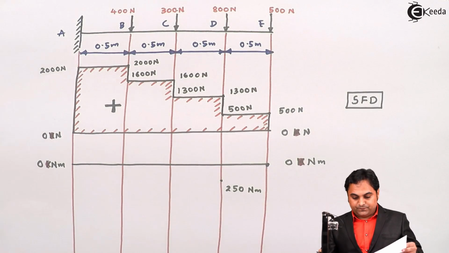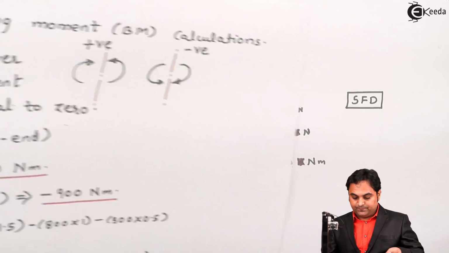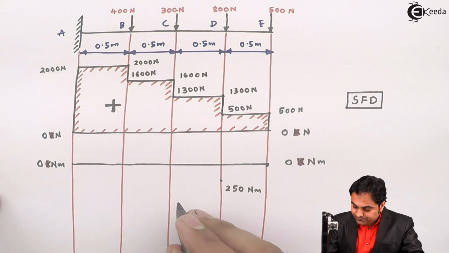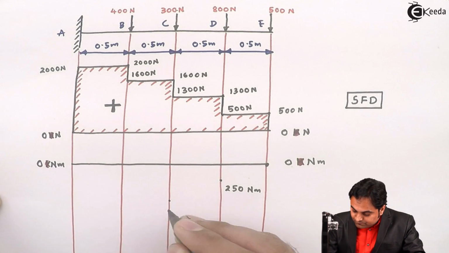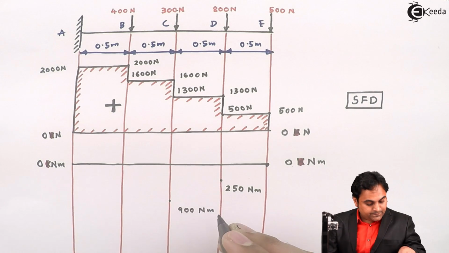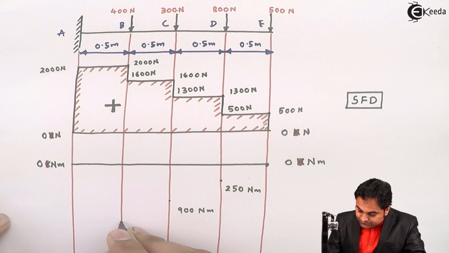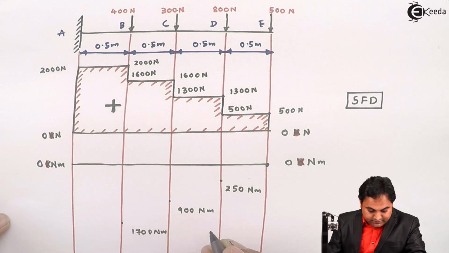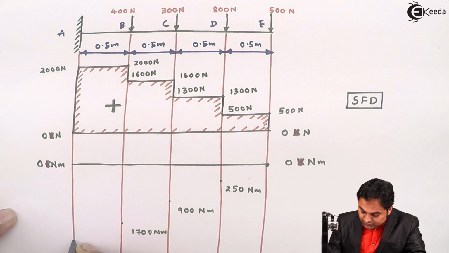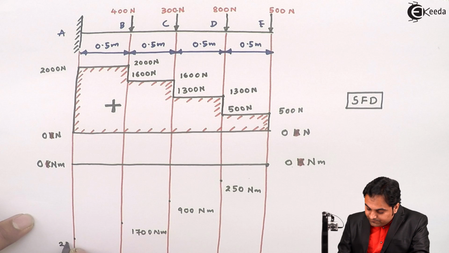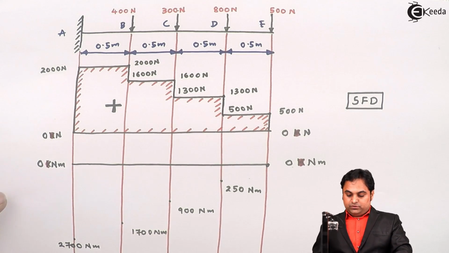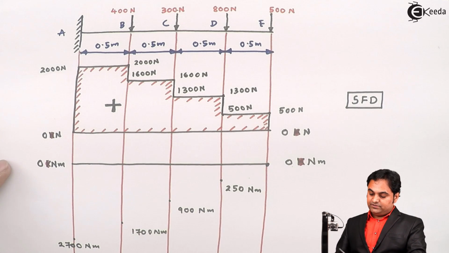Then it is minus 900, so again downward. Next, at B it is minus 1700. At A it is minus 2700 Newton meter. So now I have to join all these bending moments.